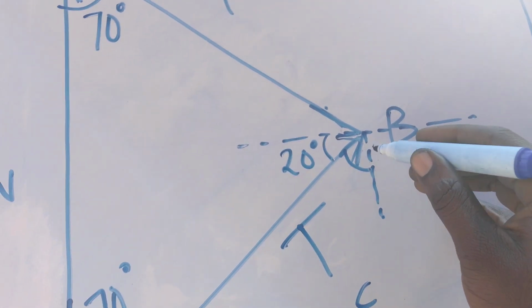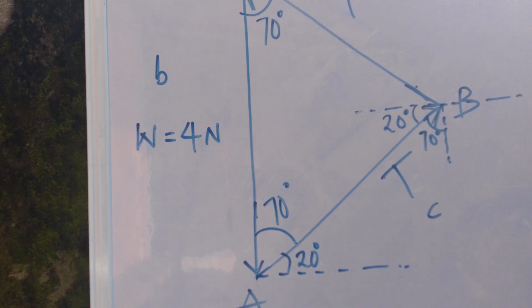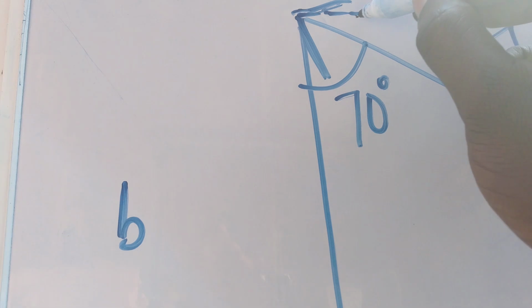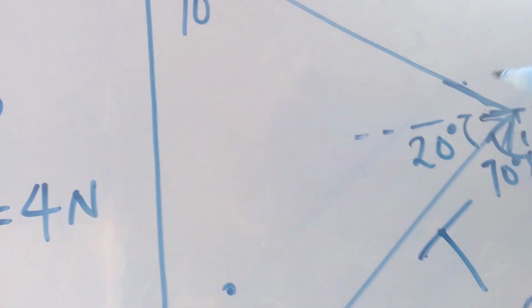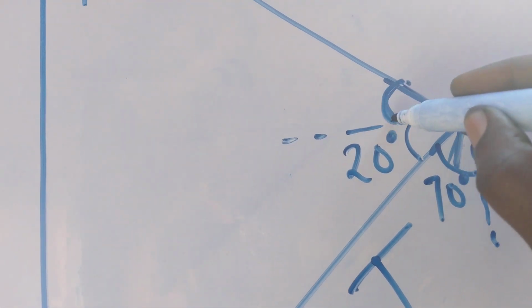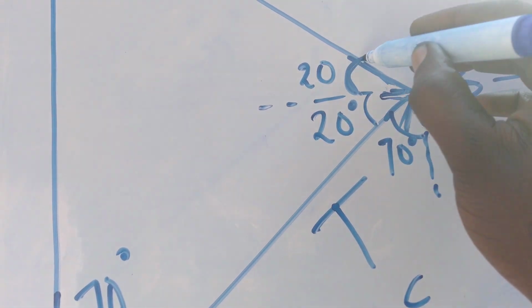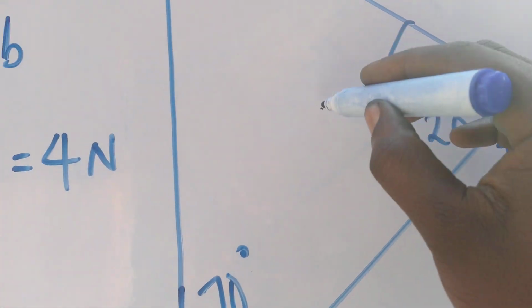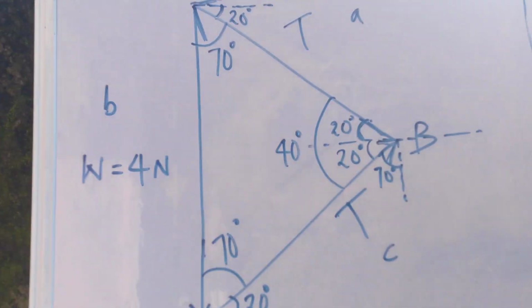Then taking a straight horizontal line, see this angle here, 90 minus 70 is 20 degrees, and this angle is alternate to this angle. So I add the two angles, 20 plus 20 gives me 40 degrees.